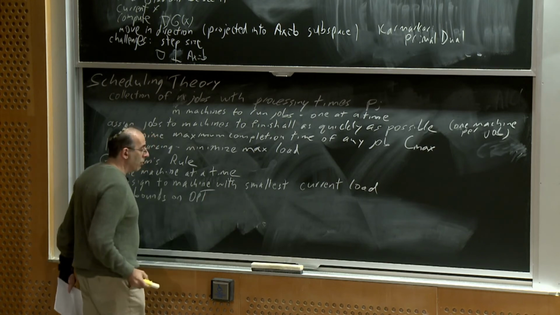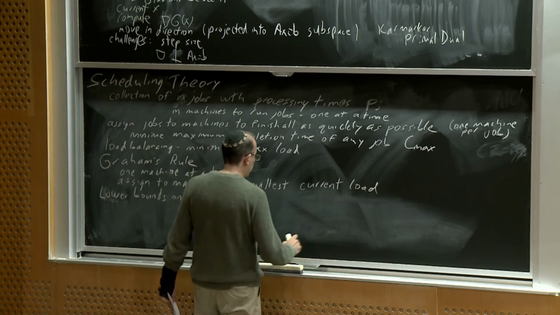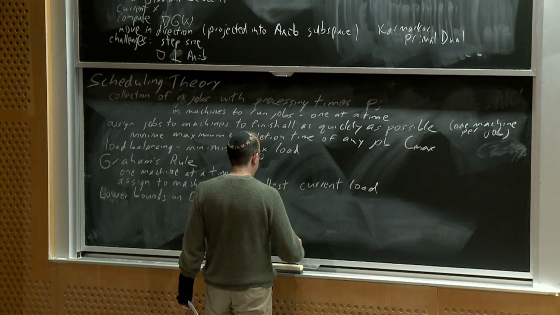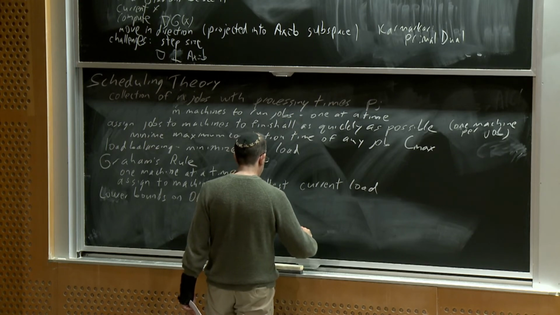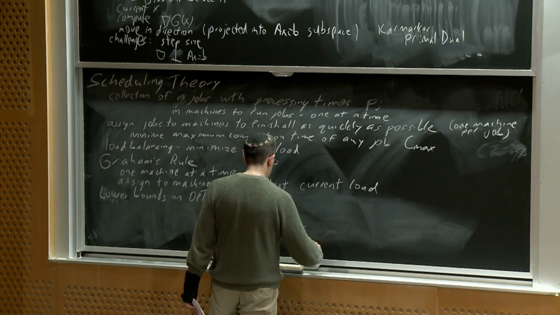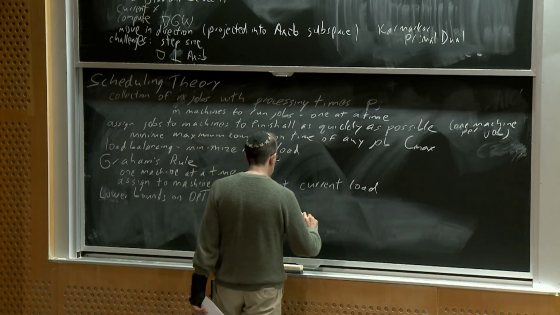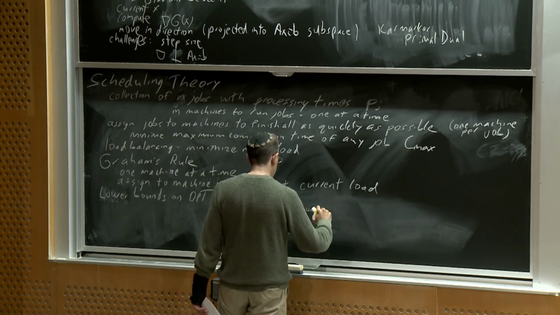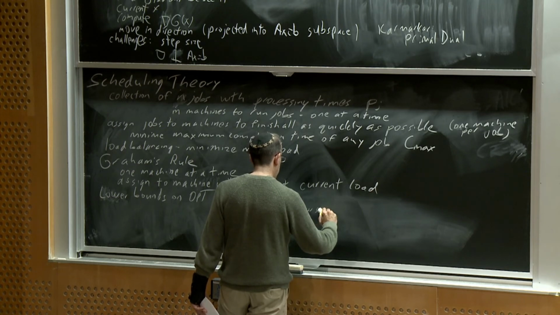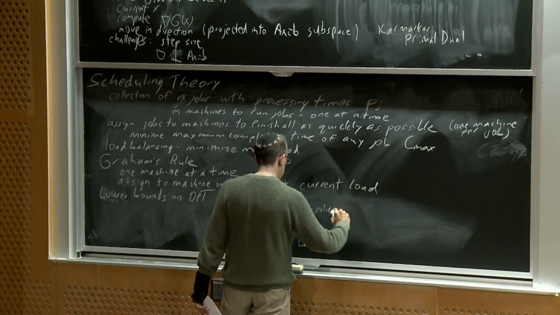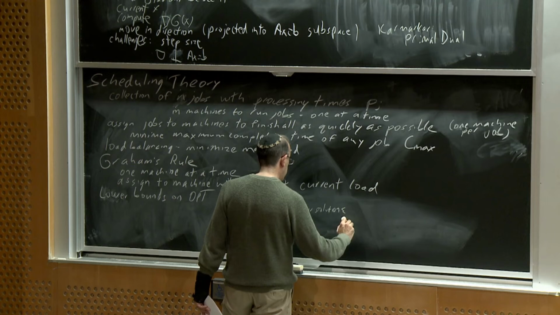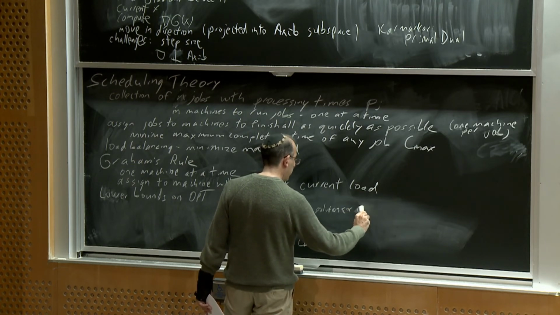Right? We're using the usual strategy, which we started last time, of saying, we've got the opt. Somewhere below the opt, we've got a lower bound. We've got our solution, which is at most alpha times the lower bound.